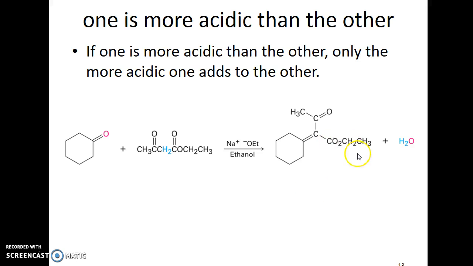And then we can do other things with this that would be kind of cool. Here we can treat with acid and decarboxylate, and then you would have the ketene. You can add things 1,4 to this conjugated carbonyl, like an amine or something else that's not very basic. And so you can see that this gives us a lot of opportunities for further reactions.